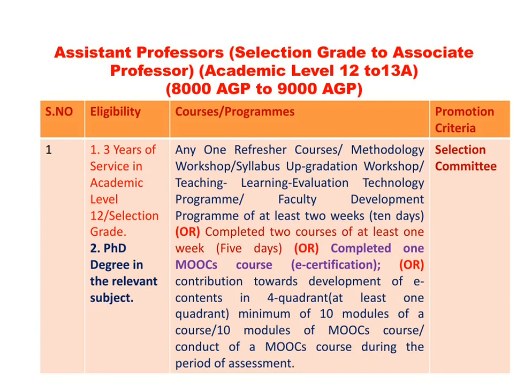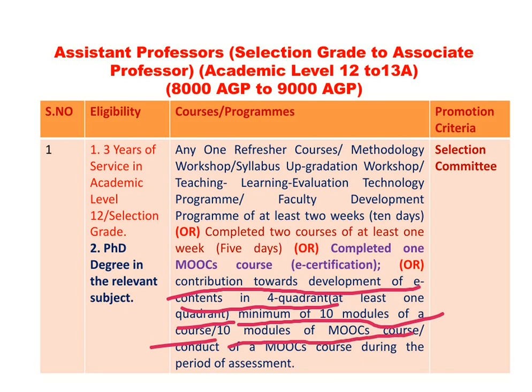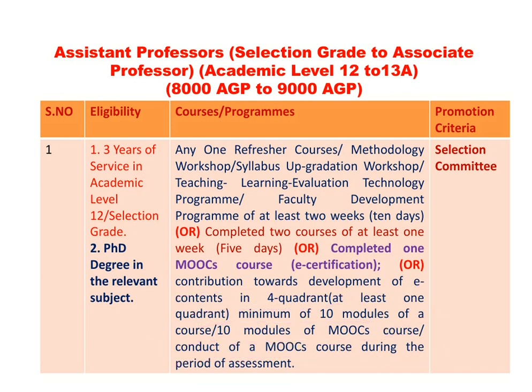Or 1 MOOCs course completed with e-certification is equal to 1 refresher course. Or contribution towards development of e-content in 4 quadrants, at least 1 quadrant, minimum 10 modules of a course or of a MOOCs course, or conducting a MOOCs course during the assessment period. If you have these, you are eligible for associate professor. But the promotion criteria is the selection committee, which decides your promotion.